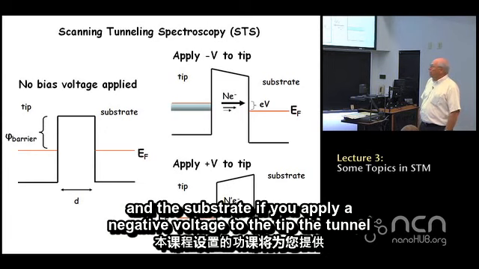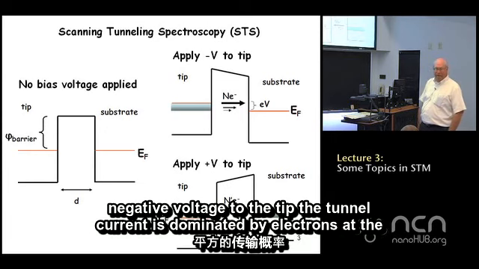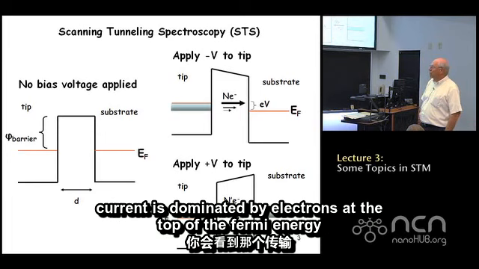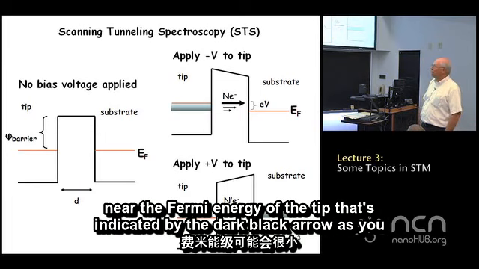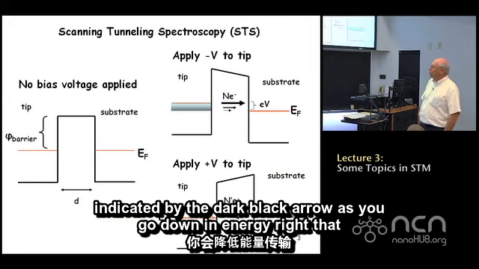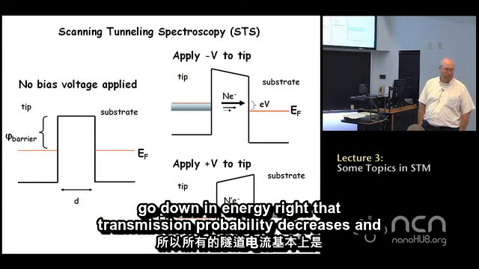The tunnel current is dominated by electrons near the Fermi energy of the tip. That's indicated by the dark black arrow. As you go down in energy, the transmission probability decreases.